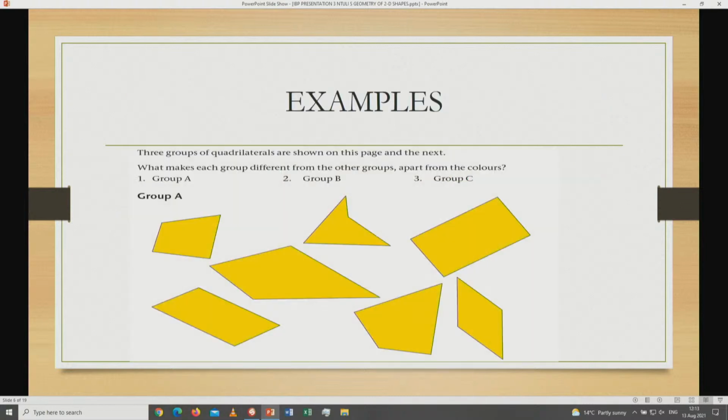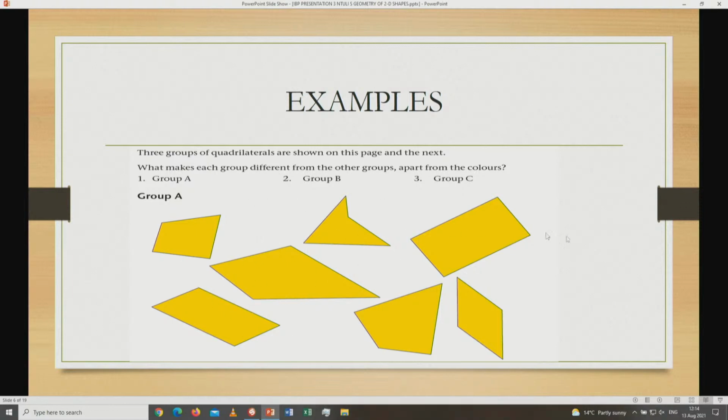Now let us take a look at the following examples. Here it is said to you guys, 3 groups of quadrilaterals are shown on this page and the next. So you would see when we go to other pages. What makes each group different from the other groups, apart from the colors? Now we've got group A, group B, group C. Now here on the screen, guys, it is only group A that is here.